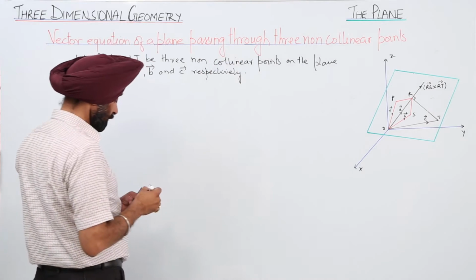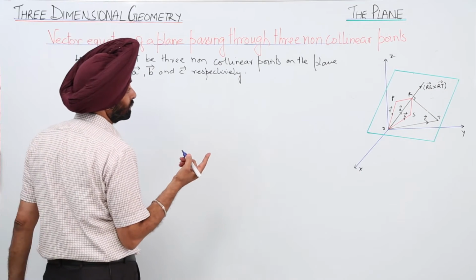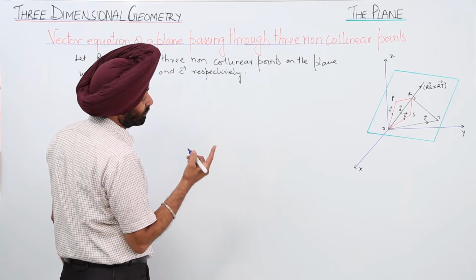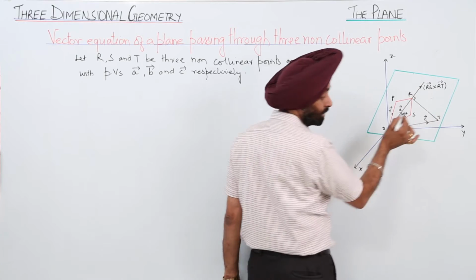One thing, now vector RS and vector RT, vector RS this one and RT, okay.